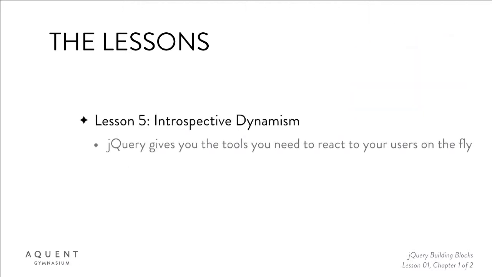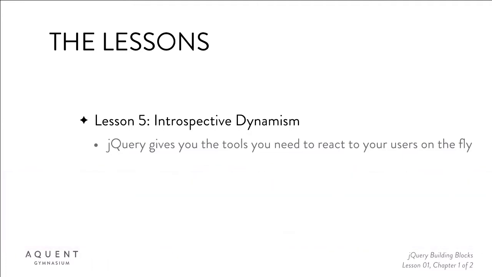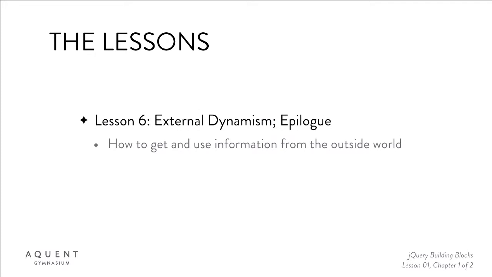In Lesson 5, which I'm calling Introspective Dynamism, I'm going to show you how jQuery gives you the tools to react to your user's actions on the fly instead of waiting for a server call. We're going to be doing that in the context of form validation, which is prosaic but very practical. And finally, in Lesson 6, we're going to turn to external dynamism.